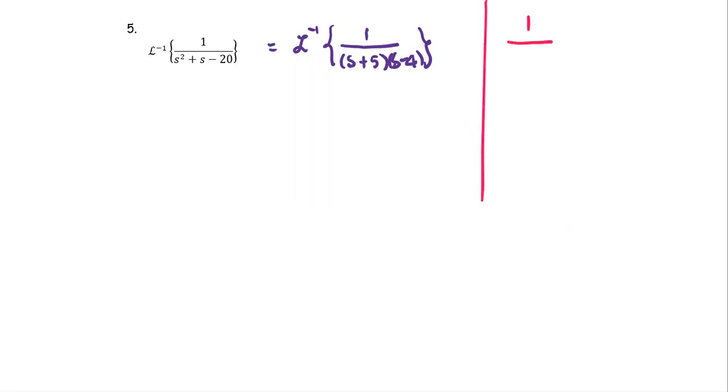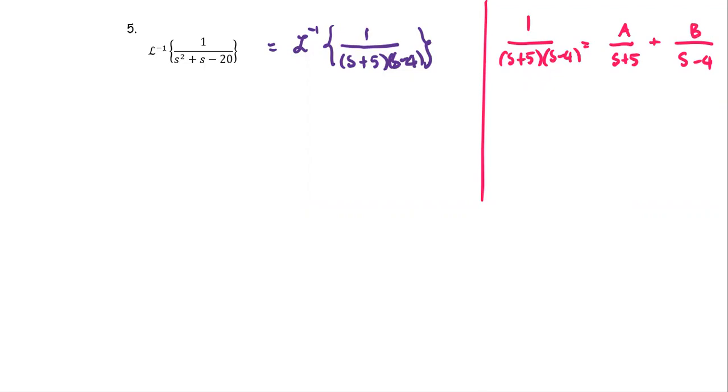So we write 1 over the quantity s plus 5 multiplied by s minus 4 as the sum of 2 partial fractions. The first one with the denominator s plus 5, the second one with the denominator s minus 4, with the numerator as a constant a and b. We're going to find the values a and b.